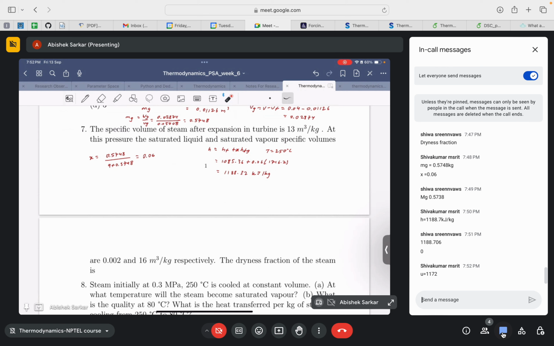The saturation pressure. Oh, I think I'm missing the units. Okay, the specific volume, I'm sorry, so it is 0.002 meter cube per kg.